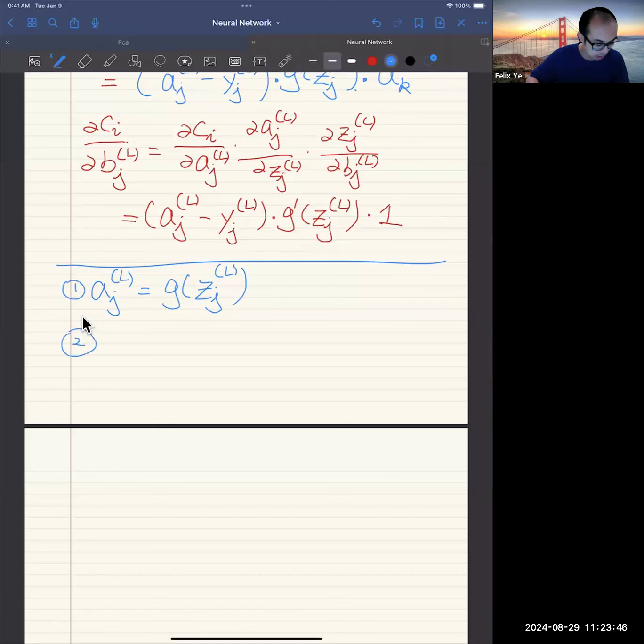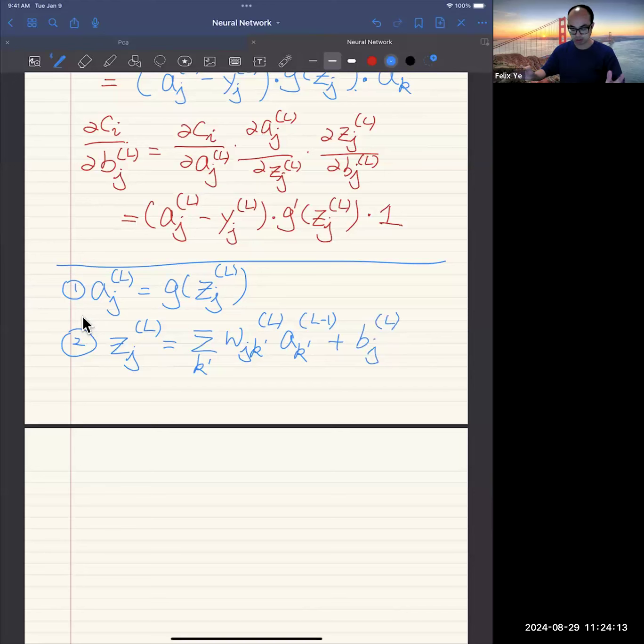The second is that we have linear layers, and this is the expression component-wise, plus b_j. So this is why we get this result.